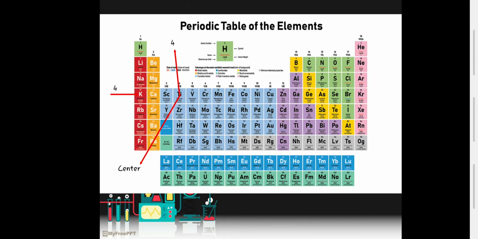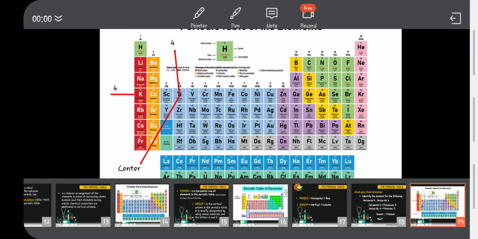Okay, as I said, you will be looking at the period like this, horizontally. So count: we have hydrogen 1, 2, 3, and 4. So that is the horizontal 4, which is potassium. And in the same row, we count the columns: we have 1, 2, 3, and 4.